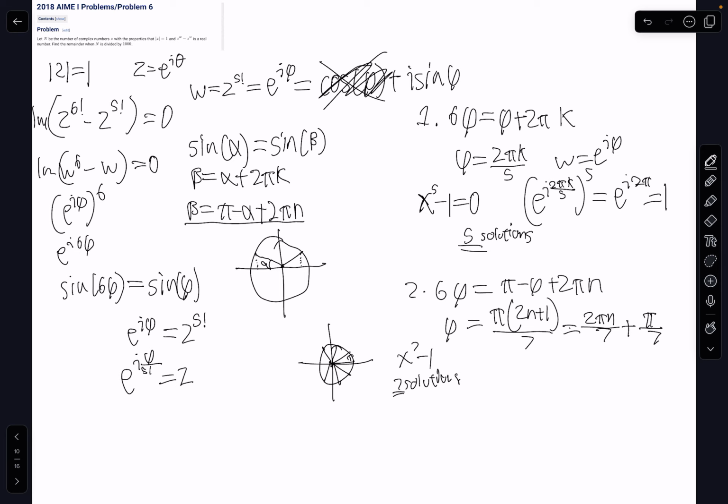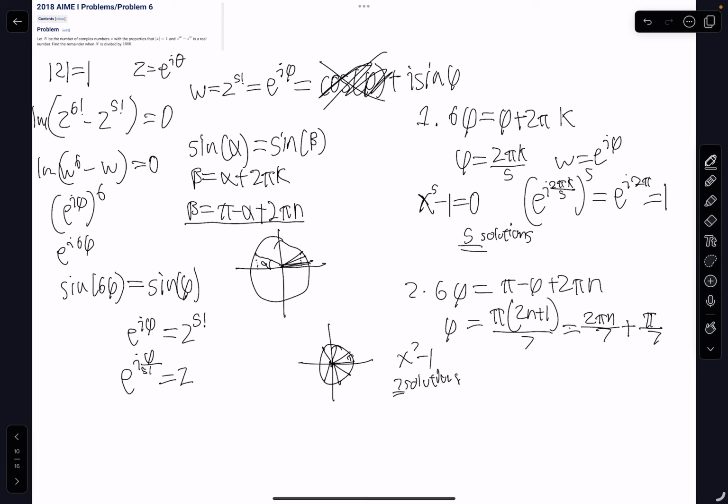So now phi has basically been, you can multiply by 120, and there are now going to be 120 distinct solutions that work, right?